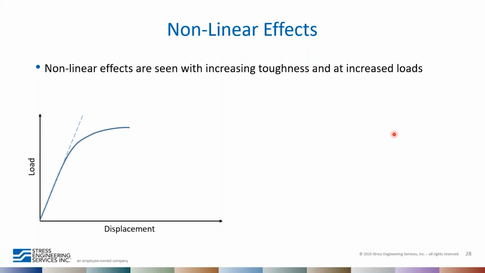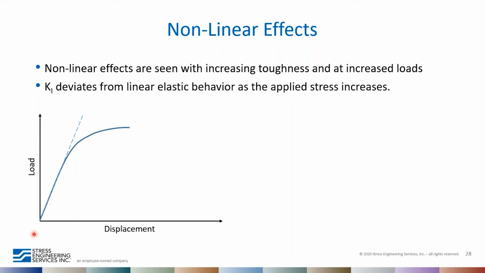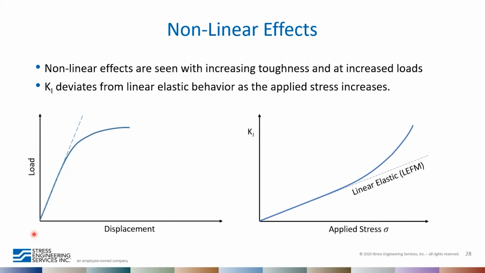And we're familiar with this phenomenon in this load displacement diagram, which shows a deviation from a linear portion on the left here to a nonlinear portion as the loads increase. So we see this in stress strain curves, and even in testing for fracture mechanics, there's this load displacement relationship. So in fracture, equivalently, the K1 deviates from linear elastic behavior as more and more stress is applied due to plasticity effects.